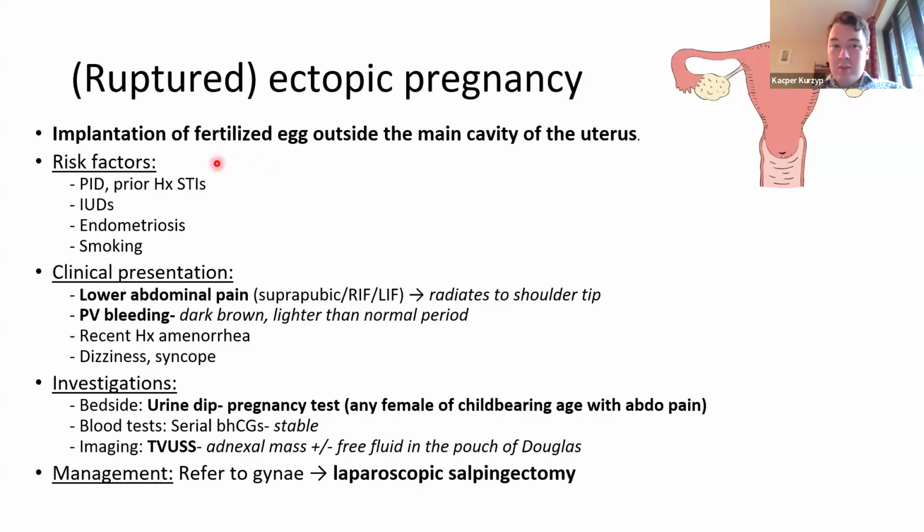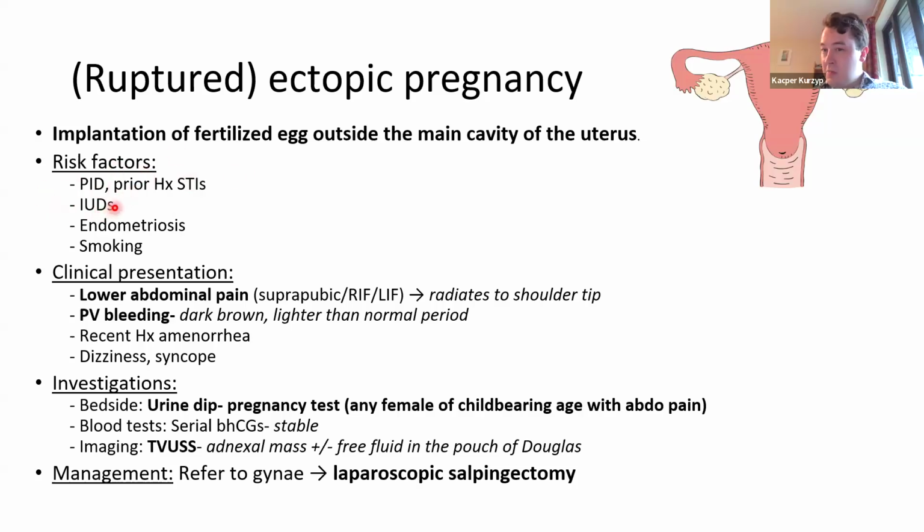An ectopic pregnancy is implantation of the fertilized egg outside the main cavity of the uterus. Now, there are several sites where it may implant, but most commonly it will be the fallopian tube. Now, there are several risk factors you can elicit in history. History of pelvic inflammatory disease, which is associated with previous STIs such as gonorrhea or chlamydia.